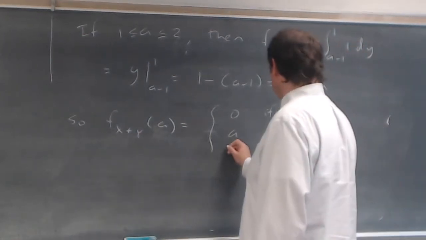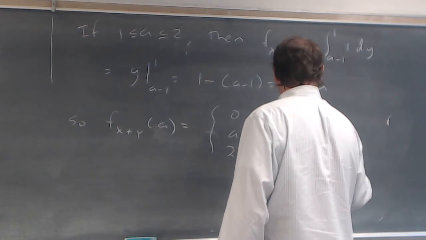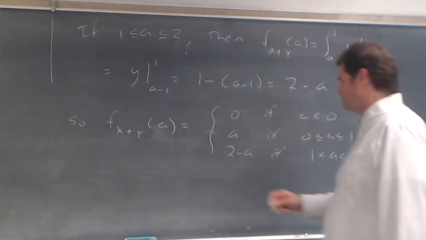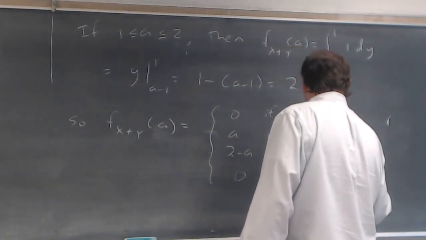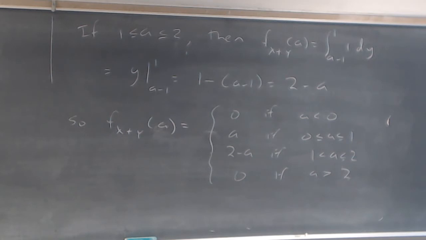Then it's going to be equal to 2 minus a if 1 is less than a, it could be 1 or less than or equal to here, with a less than or equal to 2. And then it's going to be 0 if a is greater than 2. And so that's what we have for the PDF.